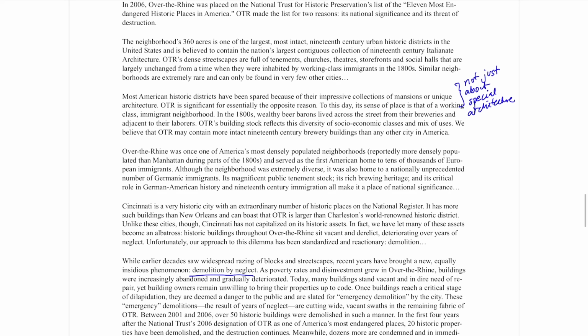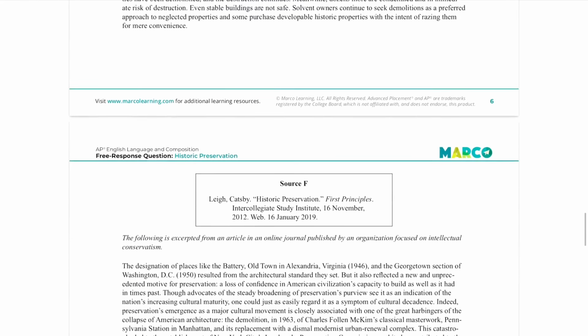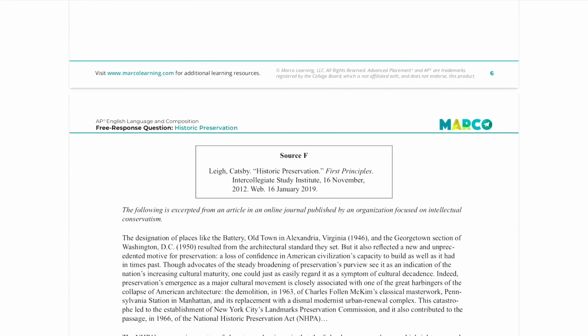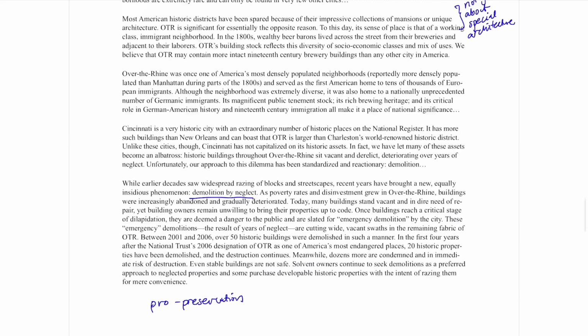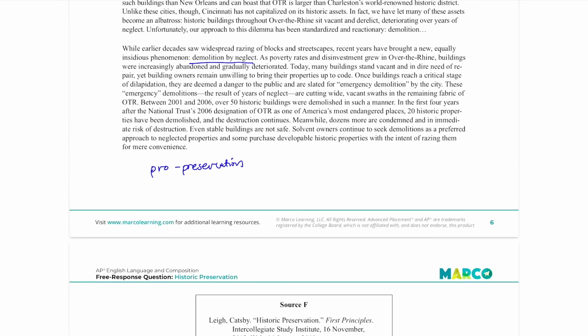And let's see, is the tone relatively neutral? It seems to be pro-preservation. I inferred that just from what it was saying at the beginning. So I'm going to say that this is pro-preservation and makes this claim that it's for all sorts of buildings.